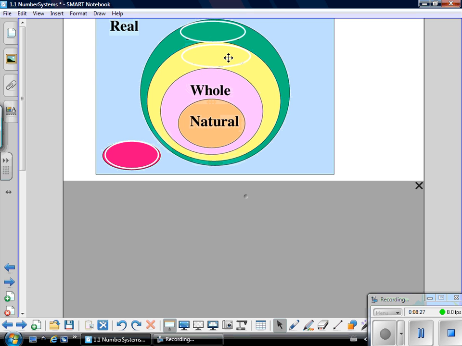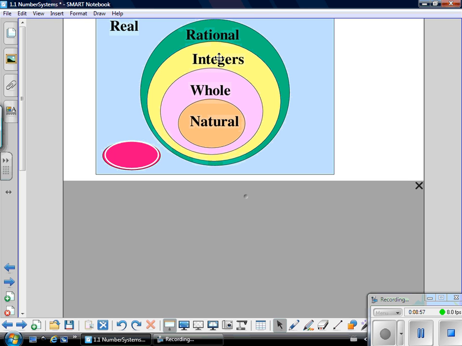Then we had integers. Integers were positive and negative numbers that didn't include decimals or fractions. And we also had rational numbers. These were numbers that could be written as a fraction. If you notice, a natural number would be a whole number as well as an integer as well as a rational number.